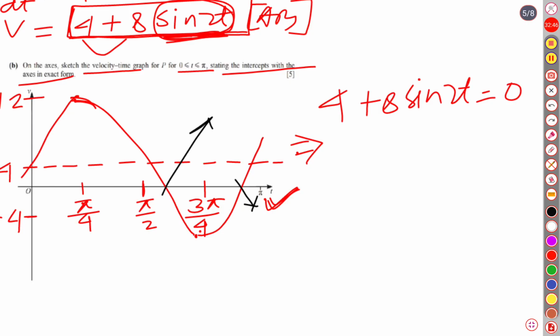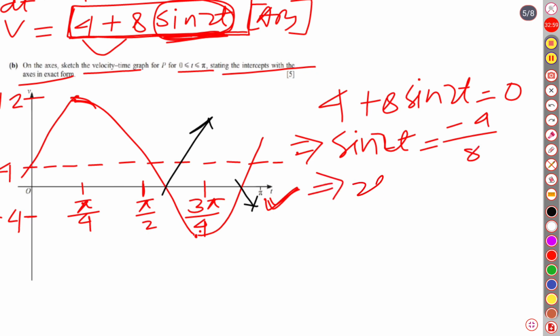So 8 sine 2t is going to be negative 4, so sine 2t is negative 4 over 8, which is actually negative half. So 2t is equal to sine inverse of negative half.